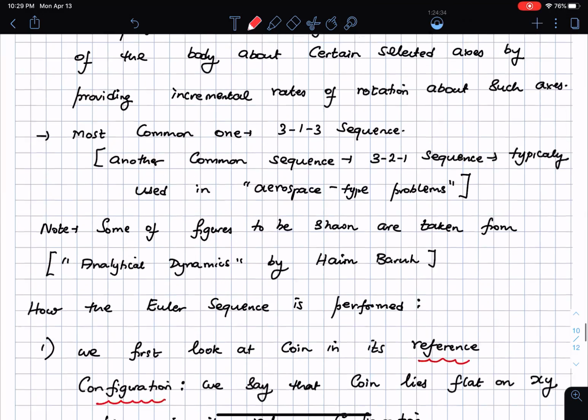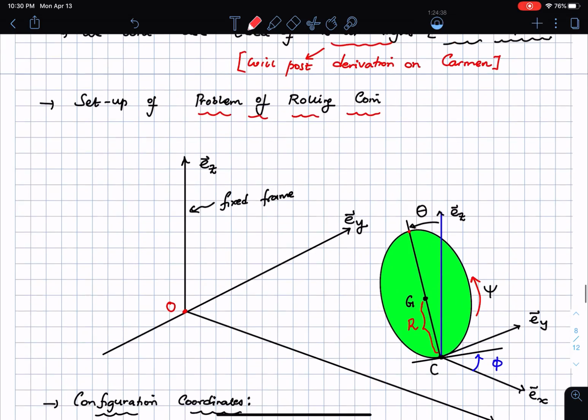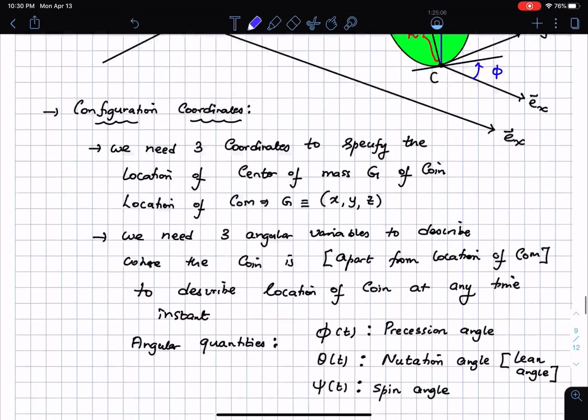Okay, we consider the coin as a thin circular disc. And so typically if you see textbooks in dynamics, they would be talking about the equations of motion for a thin circular disc, but I just think of it as a coin because it's much easier to visualize money. All right, so here is the situation.